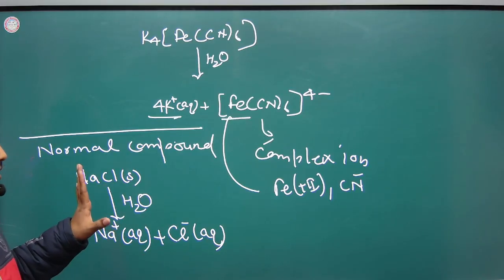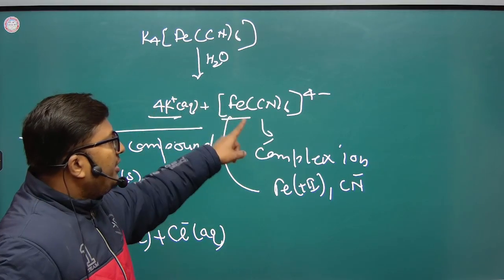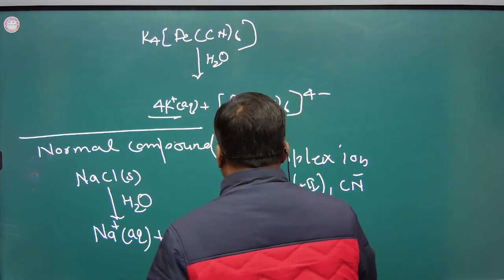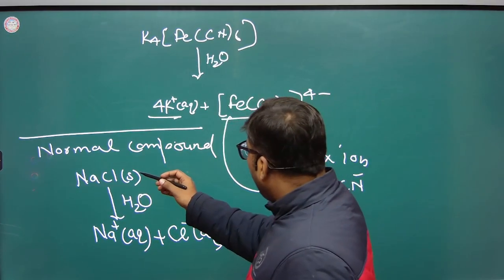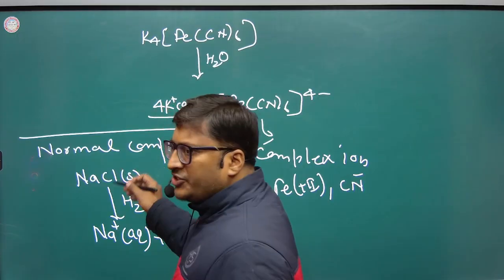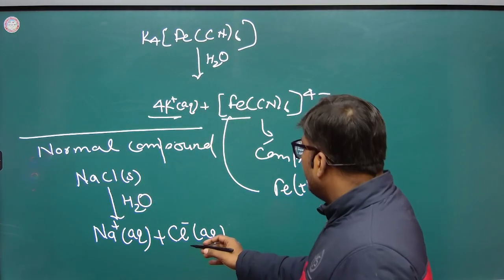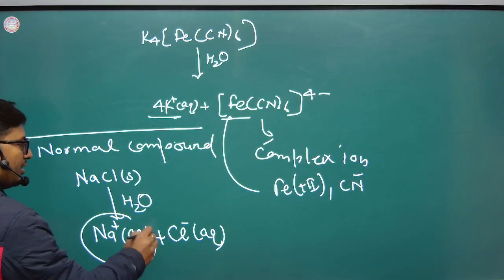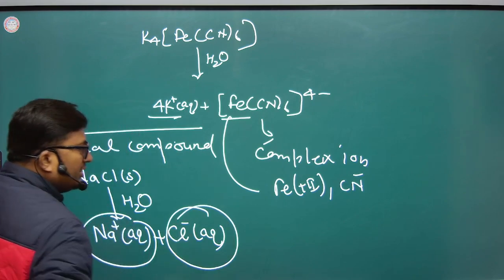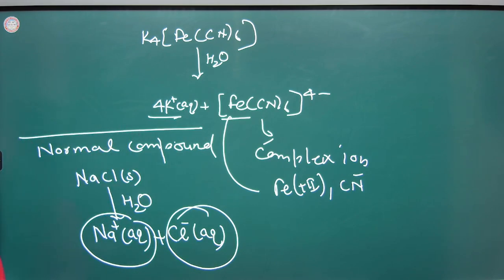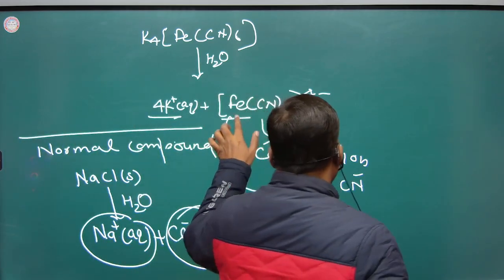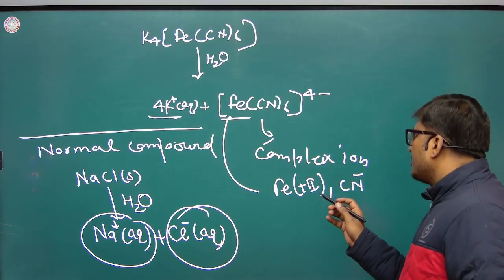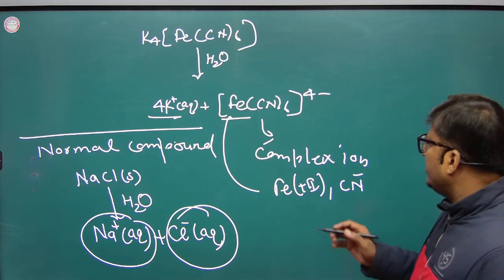Okay, but this complex ion does not give any test of Fe2+ or CN-. So this is different, and this compound actually loses its identity in the solution phase. Because of the presence of Na+ and Cl- in the hydrated phase, in the solution phase it does not actually exist as Fe aqueous and CN- aqueous.